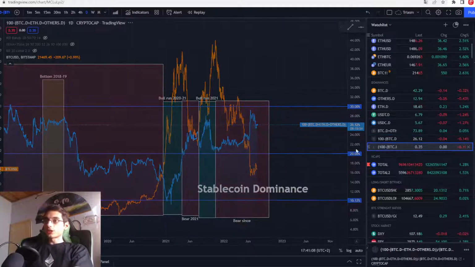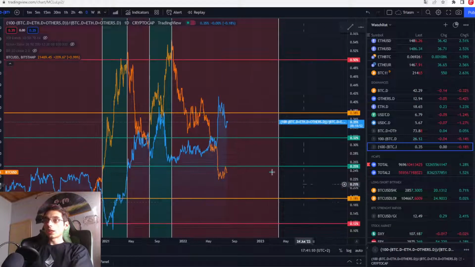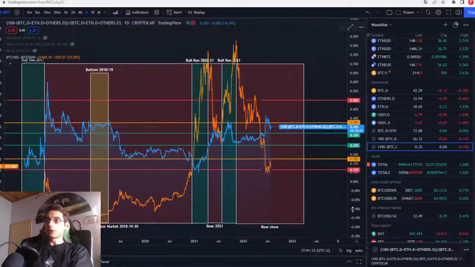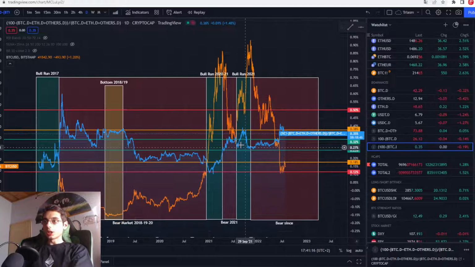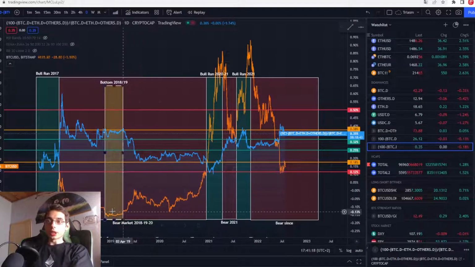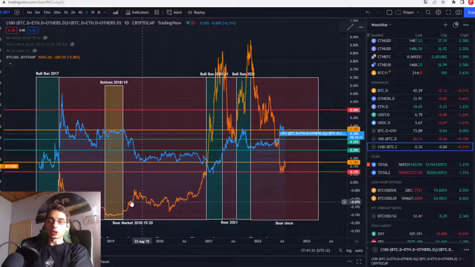So in this case, we have different ways of seeing these two cycles. Meanwhile the price was getting down, we got up and stayed up for all the time we had in the bear market.